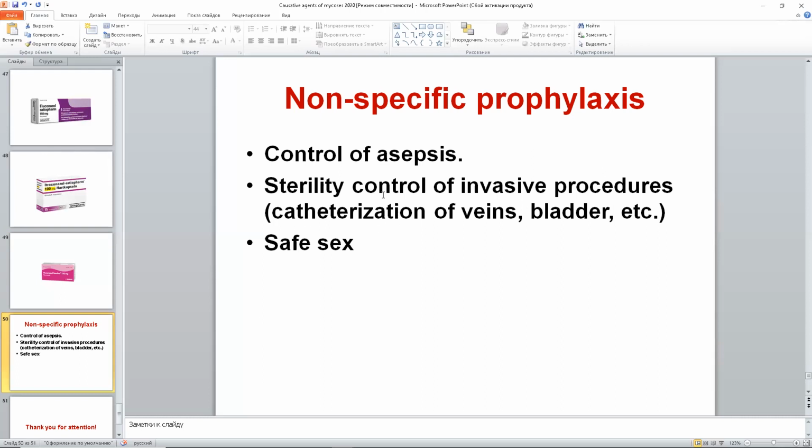In this case we should use just sterile equipment and disposable plastic syringes, one-time use, and so on, and safe sex to avoid transmission of Candida by sexual contact.